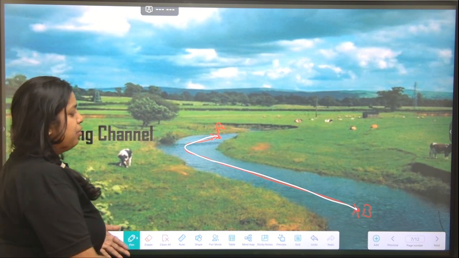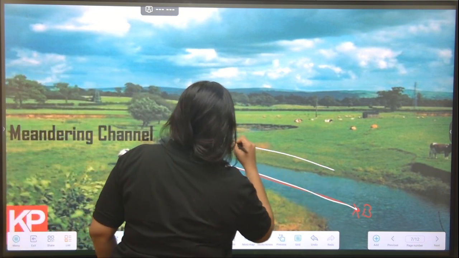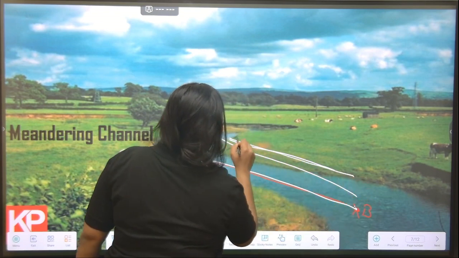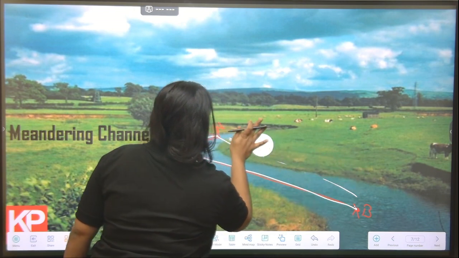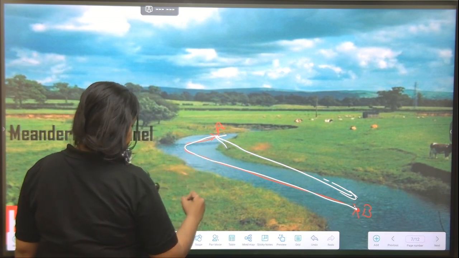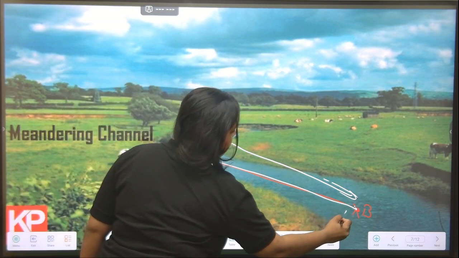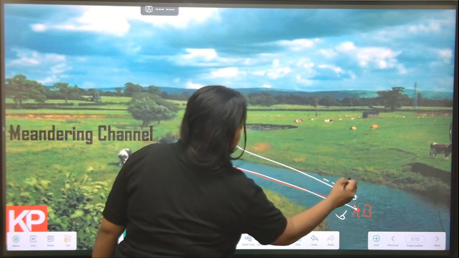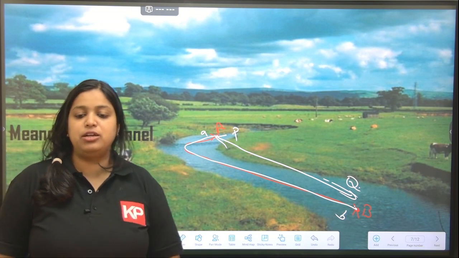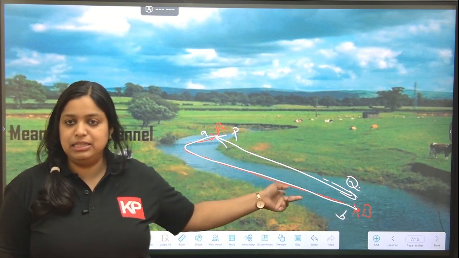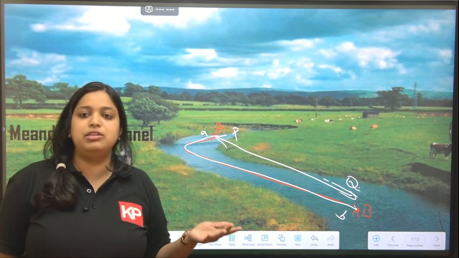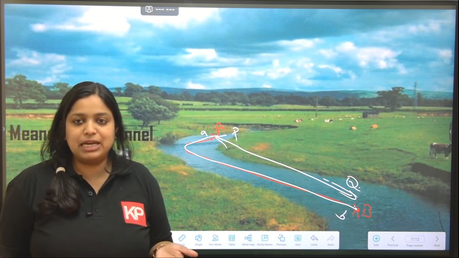Now if I take the length along the valley, this is the distance between 2 points, or we can say that is the displacement between the 2 points. The first distance can be notated as small letters ab, and the displacement is PQ. So the distance along the center of the channel, that is the channel length, to the length of the channel along the valley, or the displacement between 2 points, gives the sinuosity ratio.